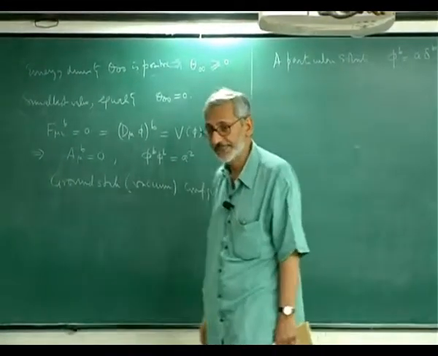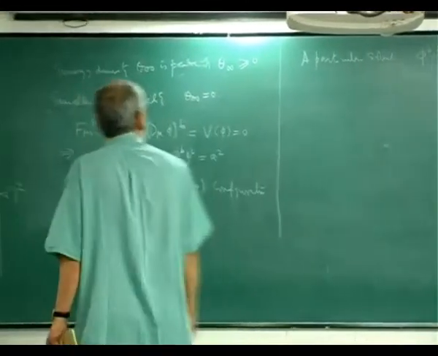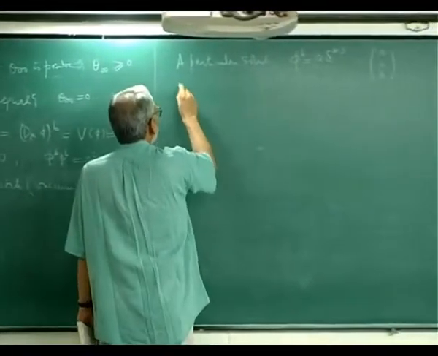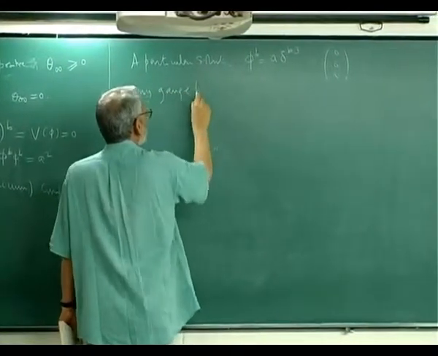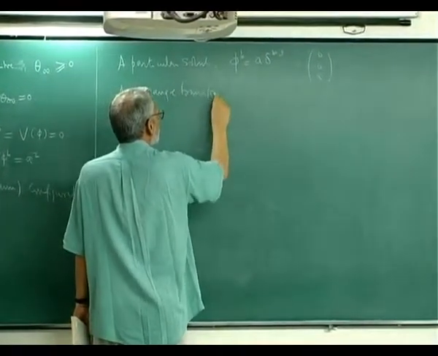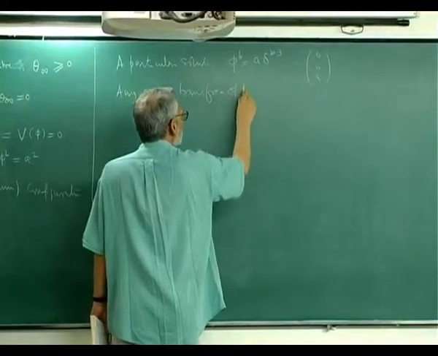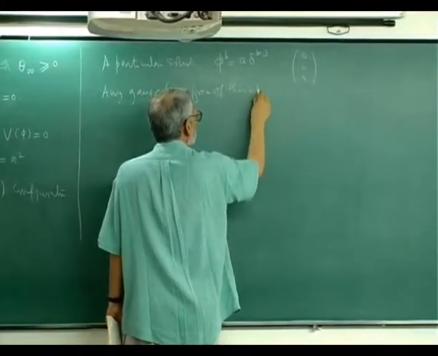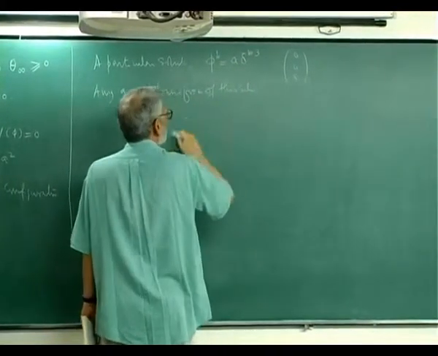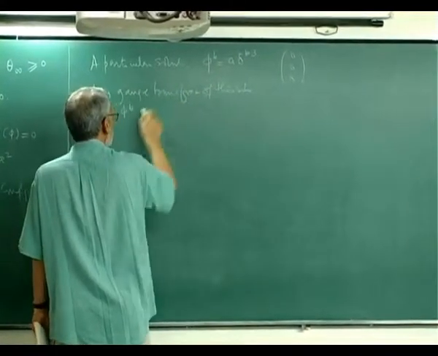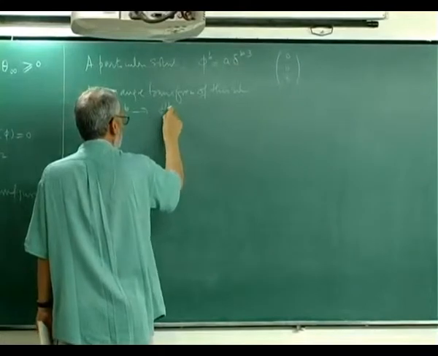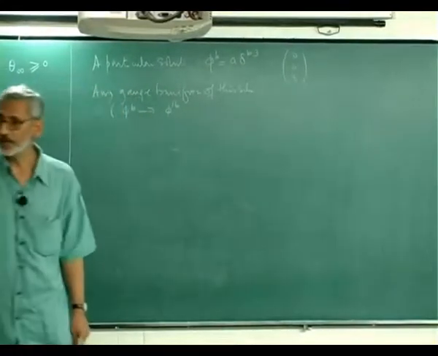All right. Now, any gauge transform of this solution, so if I just go from this phi b to another phi b prime through a gauge transformation.